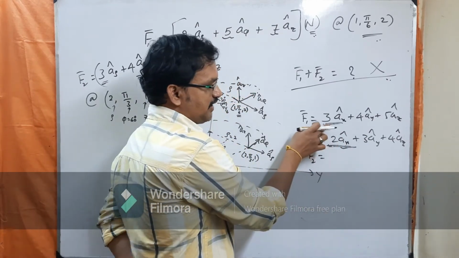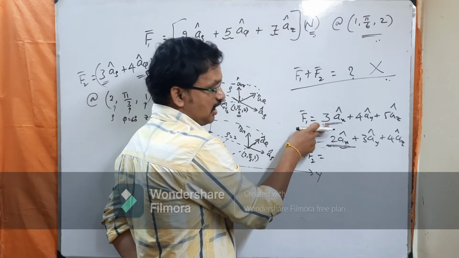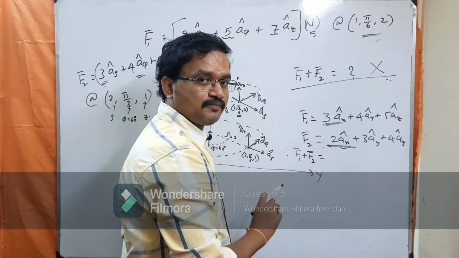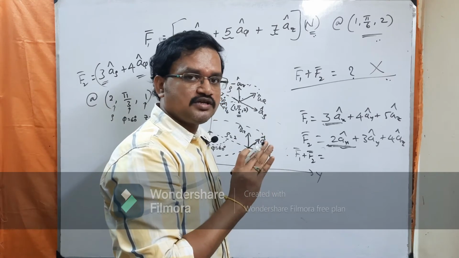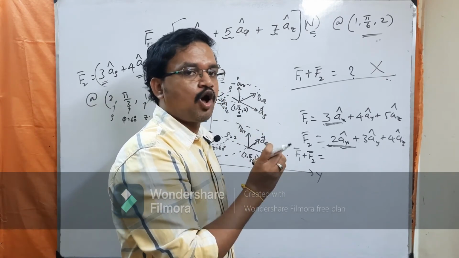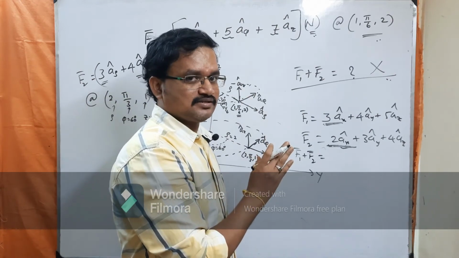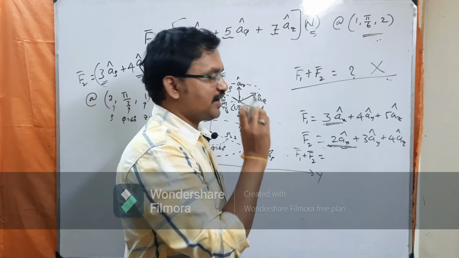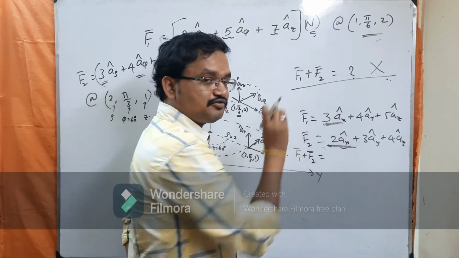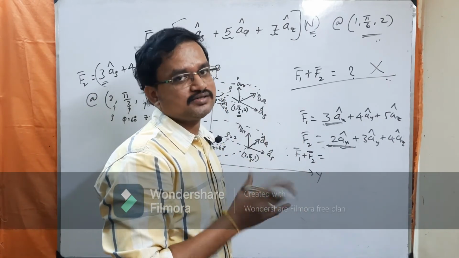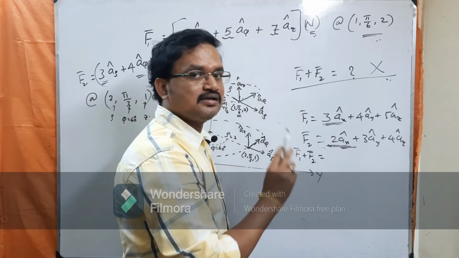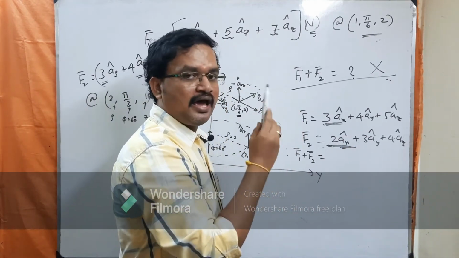Because the direction of the x component here and the direction of the x component here are both pointing in the same direction, or not? In the rectangular coordinate system, we have seen that the direction of ax cap will always be parallel to the x axis. Understood? So the direction is fixed. Here ax cap and here ax cap are both pointing in the same direction, parallel to the x axis.